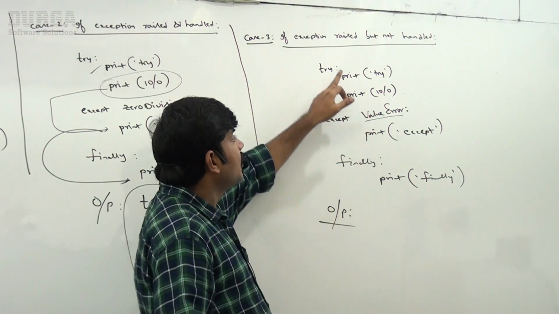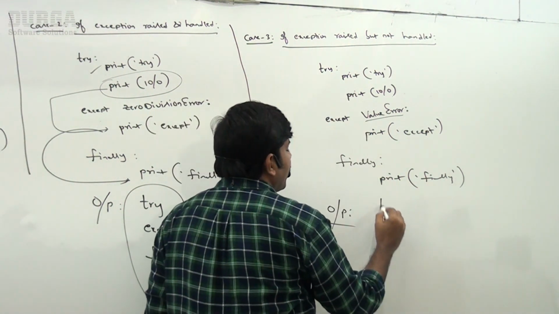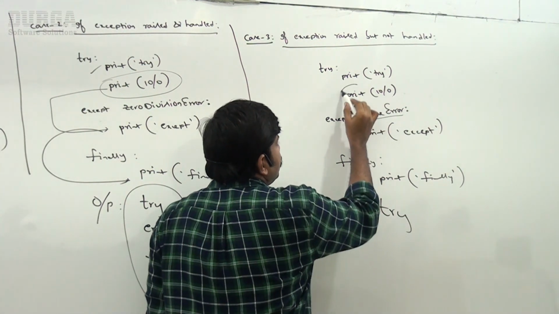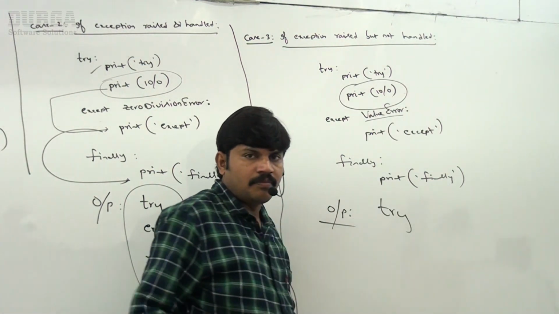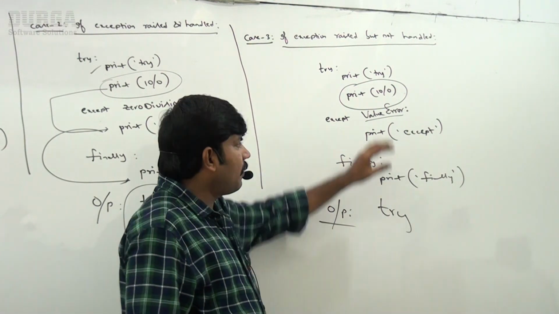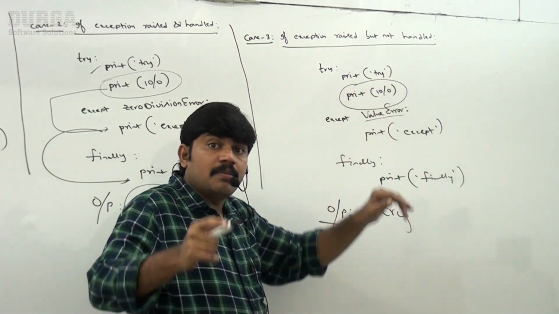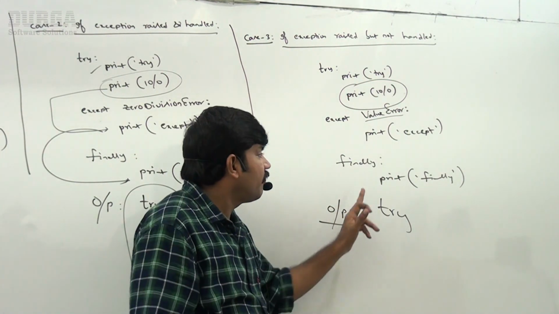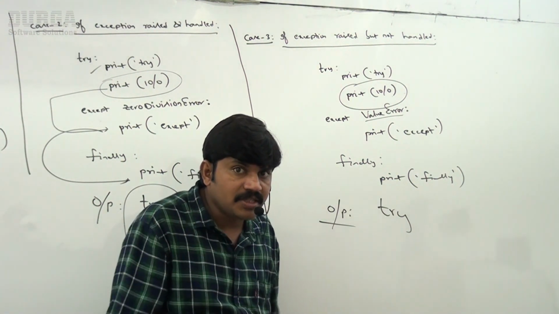The same here. Now try will be printed. ZeroDivisionError is raised, but there is no matching except block, so abnormal termination. But before abnormal termination, the finally block will be executed. Remember this.